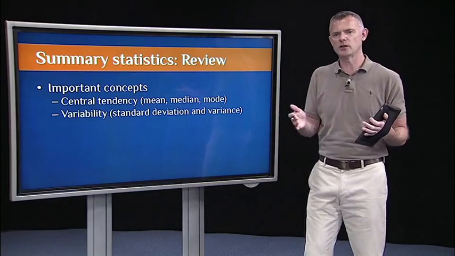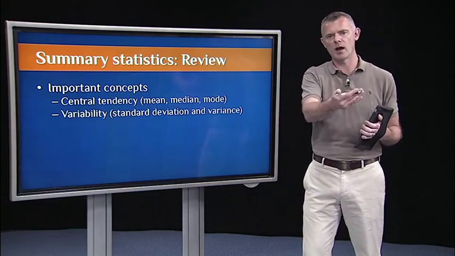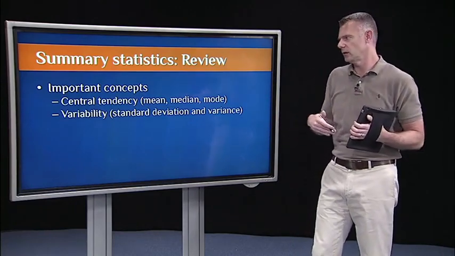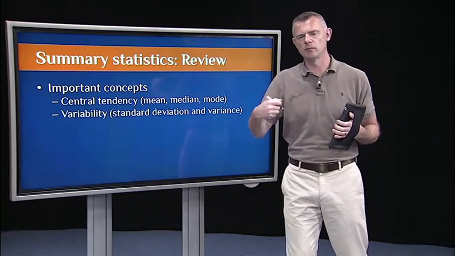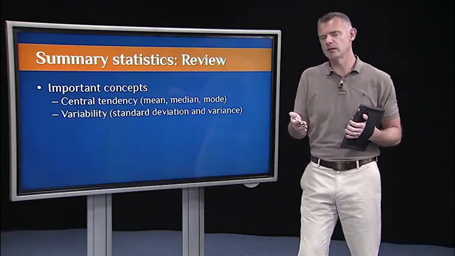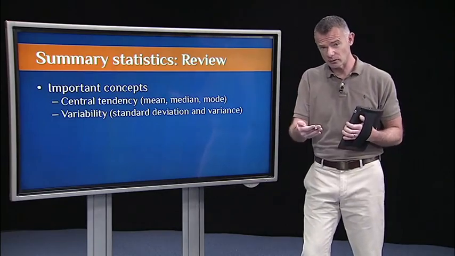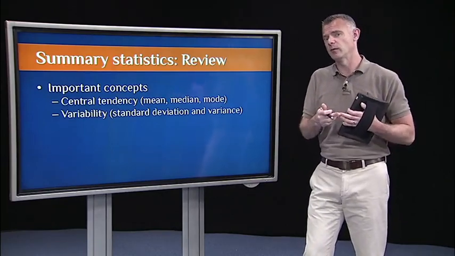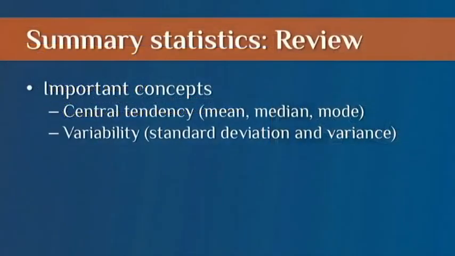It just becomes too much information for the audience to digest. So we often want to just give some talking points, some summary statistics. And the most common summary statistics are measures of central tendency, and the most common one of those is the mean or average, but you might want to do median in the case of extremely skewed distributions.